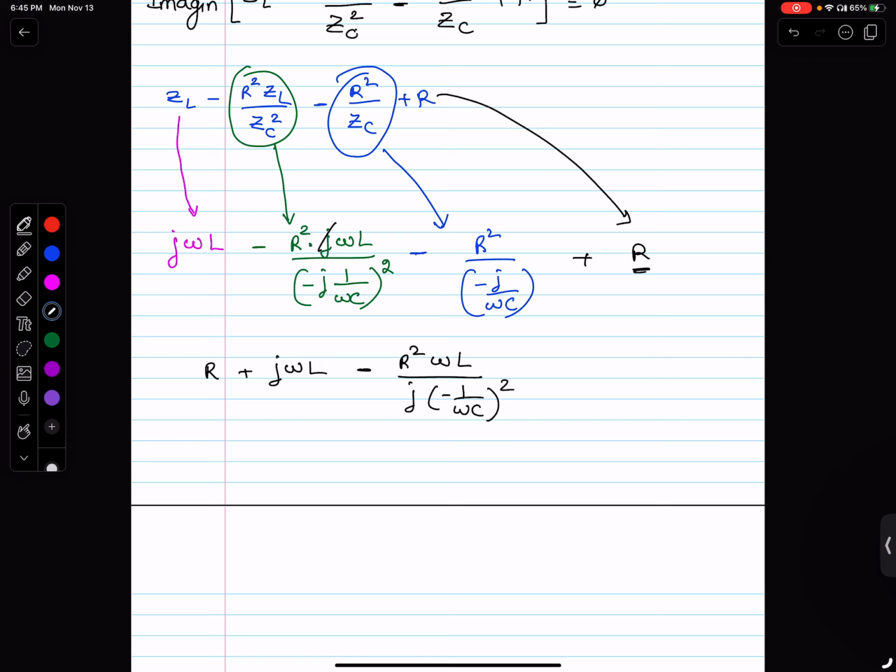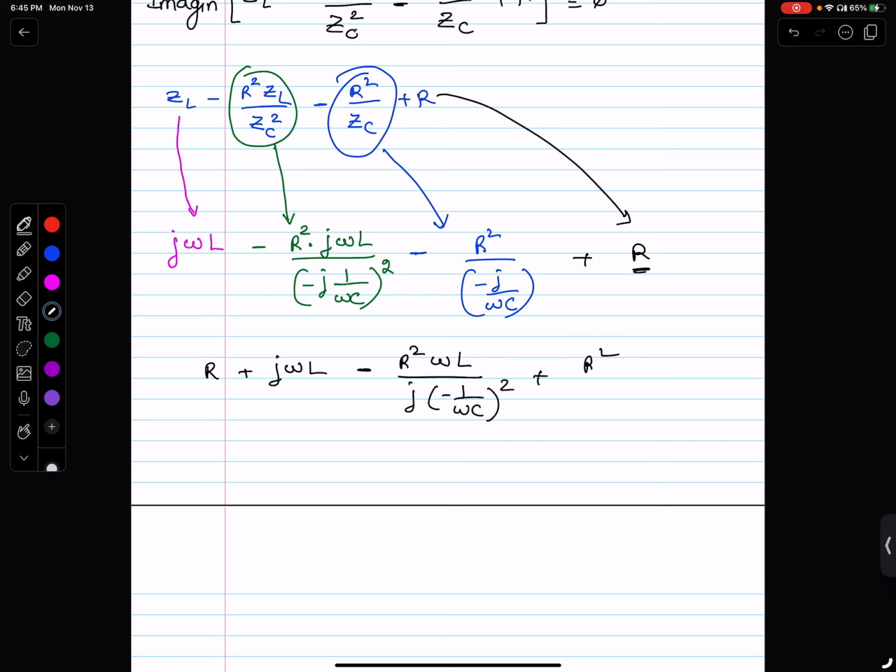Remember, j squared equals negative 1. Now there's that part. Then, don't forget the component coming from here, which is R squared by j by omega C. You see this j, the negative here cancels the negative there. So this is all the numerator.